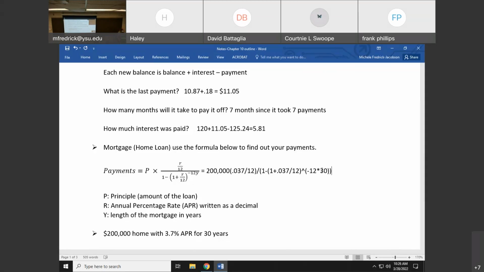But when you plug it in, you're getting $920.57. Yes, no, maybe. I'll double check too.